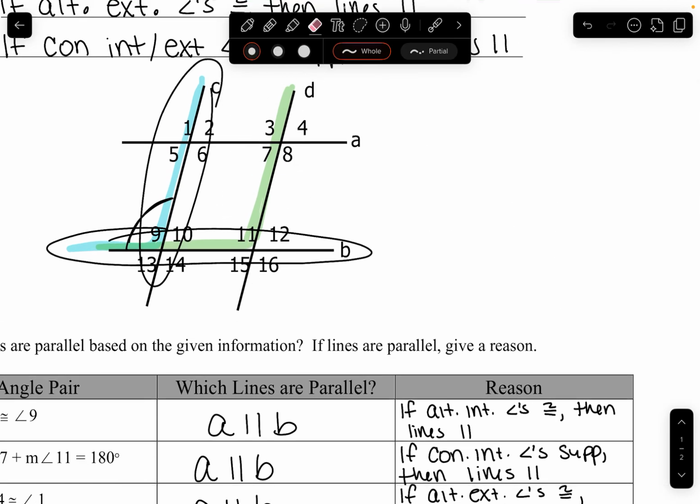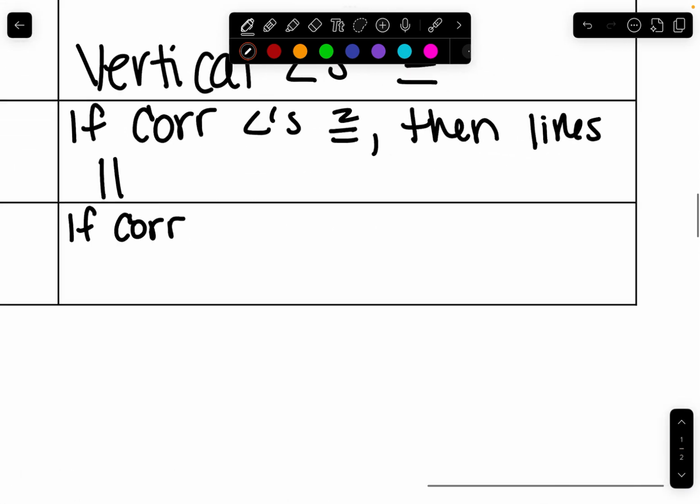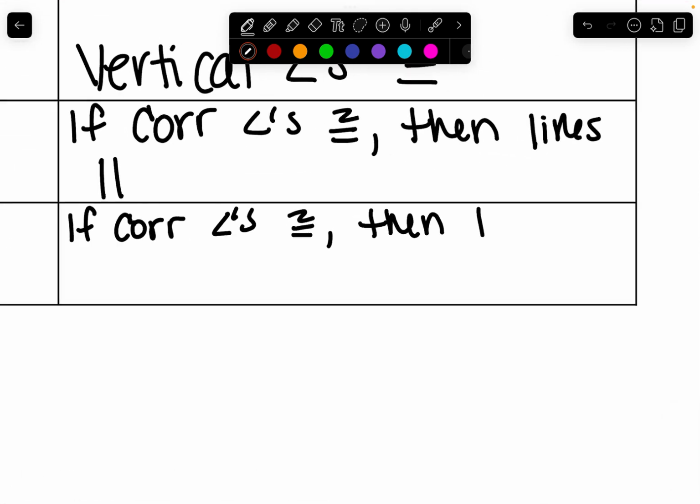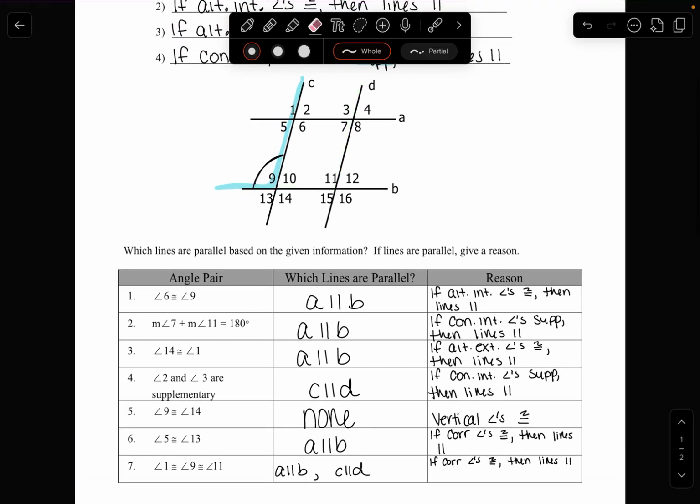And you know what's really funny? 9 and 11 are also corresponding. So, if corresponding angles are congruent, then lines are parallel. Okay? If I just look at angles 1 and 11 together, they don't have a relationship because they don't have a transversal.